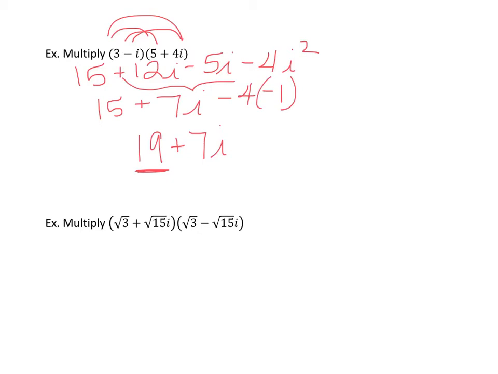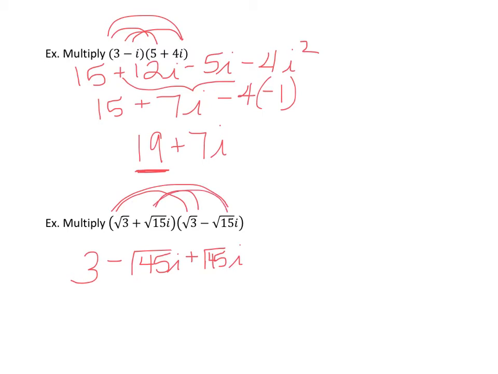Okay, multiplying the next one. Radical 3 times radical 3 is going to give me 3. Radical 3 times negative radical 15i. Well, 3 times 15 is 45, so this is negative radical 45i. Oh, the i is not underneath the radical, so we need to be careful of that. Okay, radical 15i times radical 3 will give me positive radical 45i.